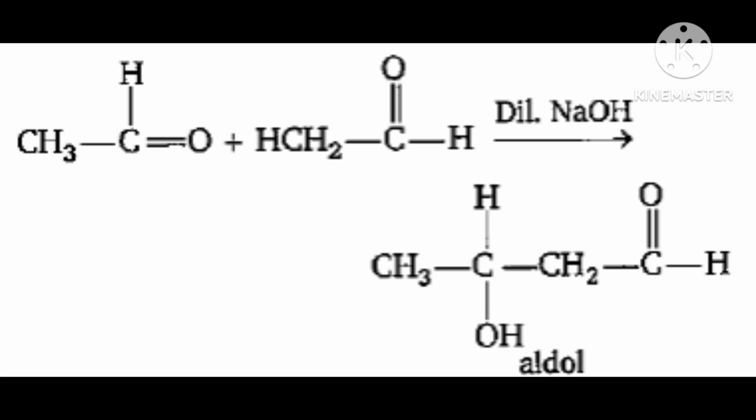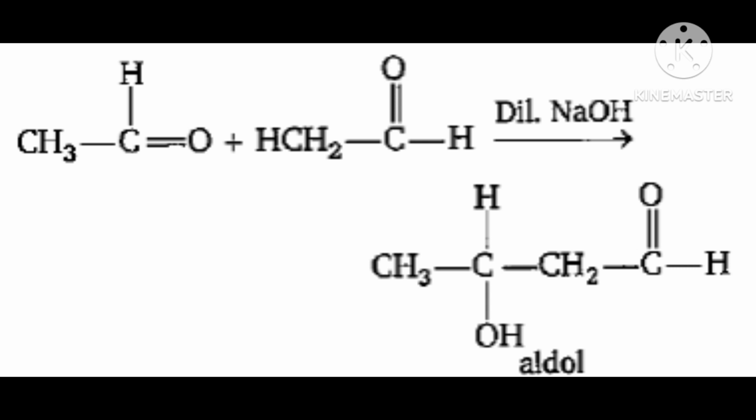Then aldehydes and ketones having at least one alpha hydrogen undergo a reaction in the presence of dilute alkali. You remember the condition: this reaction takes place in the presence of dilute alkali as catalyst.